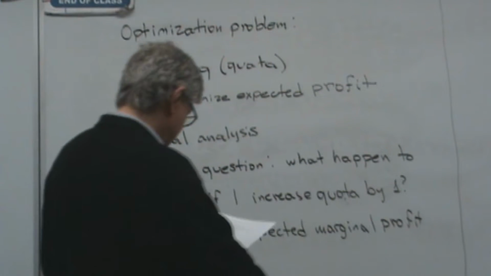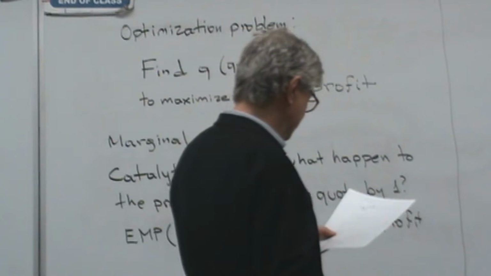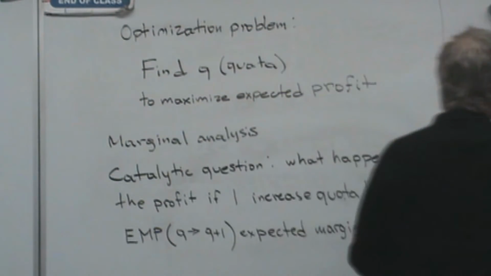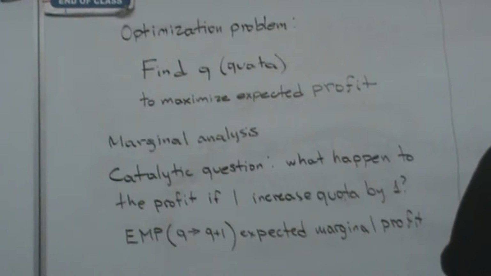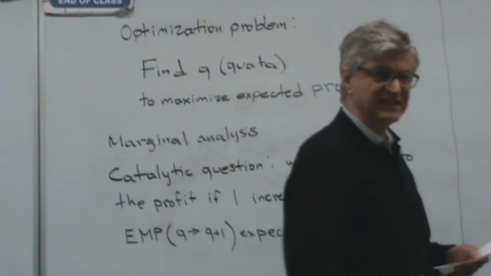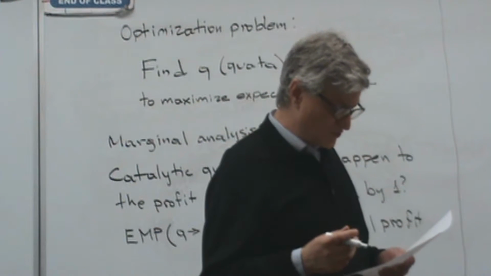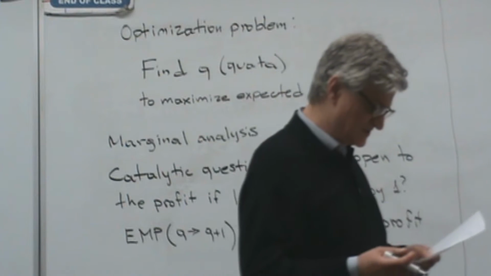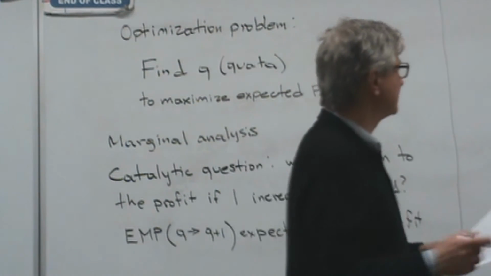Okay, let's define some notation. NQ would be the number of customers that show up to claim their seats out of Q customers who reserved them. Okay?